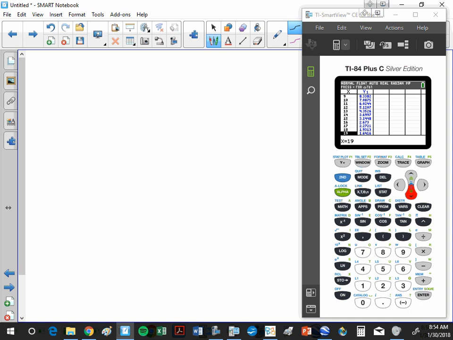Example 2. A card is randomly selected from a deck. What is the probability that the card is a face card or a spade? If A is face card and B is spade, are there any overlaps? Yes. So let's deal with the overlaps first.